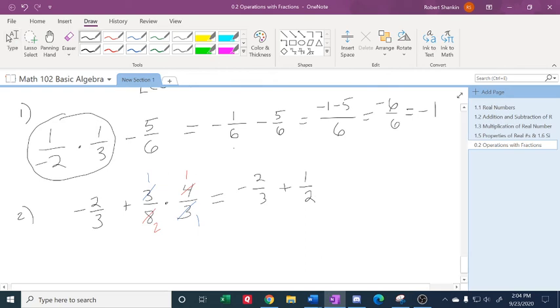Okay, so here the LCD of 2 and 3, take multiples of the bigger one. They both don't divide into 3, but they both divide into 6.